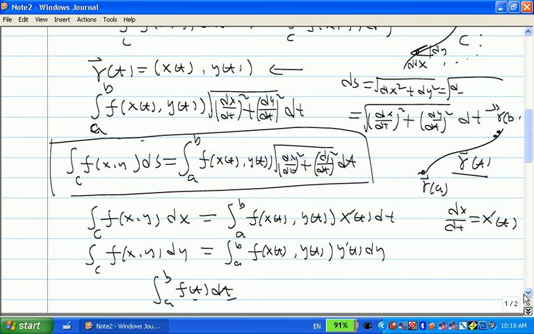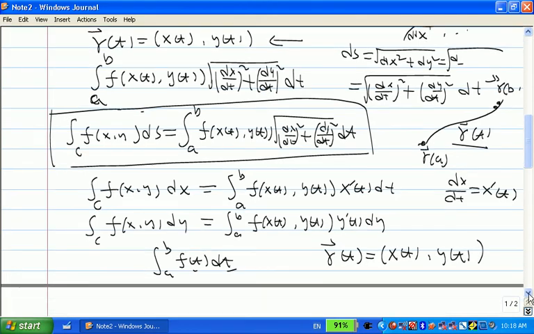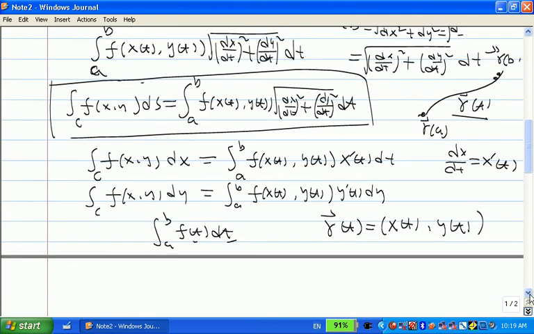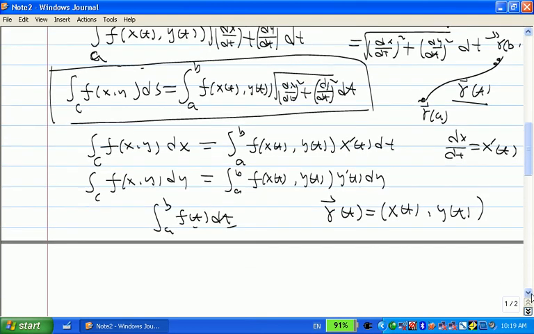To do that, you need to describe your curve, find out x(t), y(t). Three-dimensional, same thing. Now, I will give you two examples to show you how to do that.